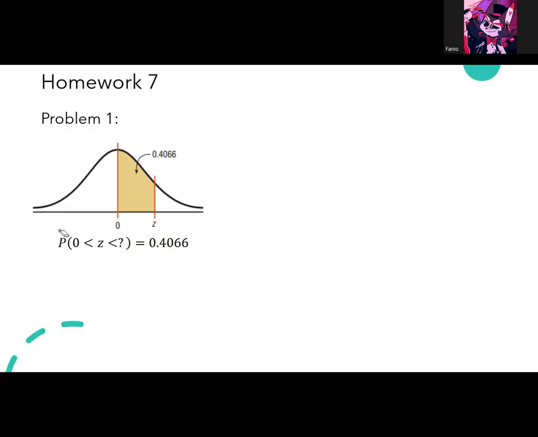Basically, all I'm doing is translating this figure into this equation over here. Now my question is, does anybody know how I do that?